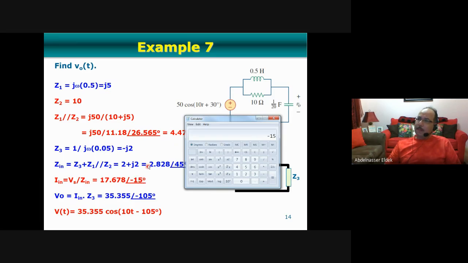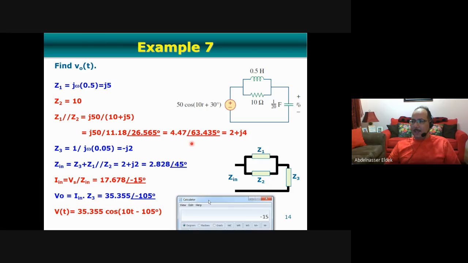So now what we need to do is to find Vo. This is the last thing. What is Vo? This current is moving like this. The current is splitting here, okay. The total current, which is this one here, multiplied by this Z3, which is negative j2, will give you the voltage across the capacitor.